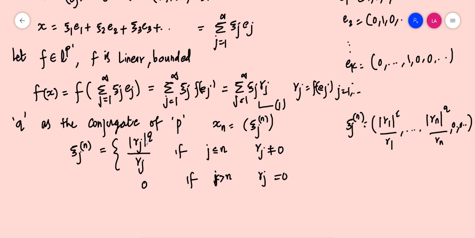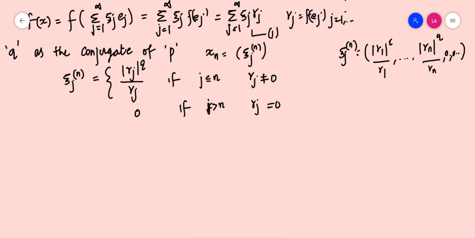We have chosen this sequence to have an element in LQ which associates with every linear functional f defined in LP dash. Now associated with this xn, the value of f of xn for any f belonging to LP dash is by definition equal to the summation j equal to 1 to infinity theta jn times gamma j.